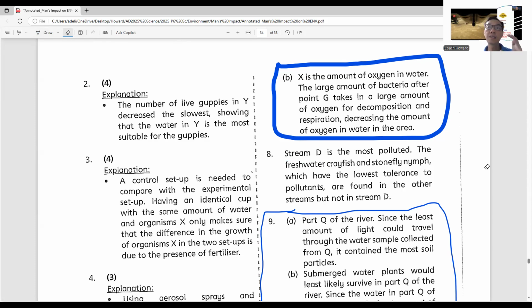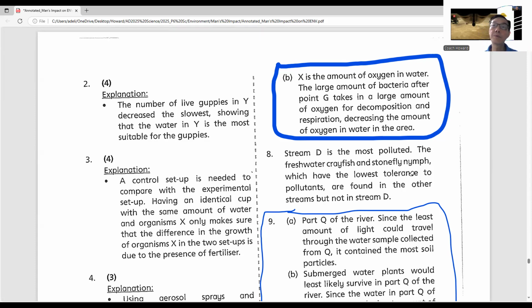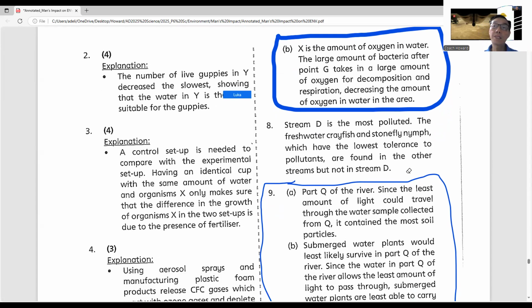You can see the freshwater crayfish and stonefly nymph are not found in stream D because they have the lowest tolerance, whereas the bloodworm has the highest number and is found in stream D. So you can write down this answer or the one which I just mentioned.